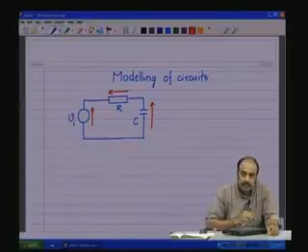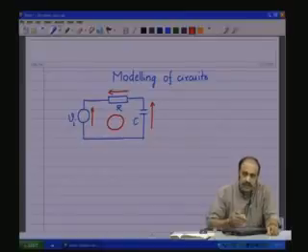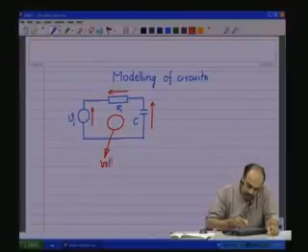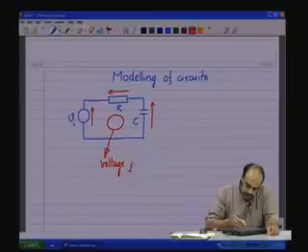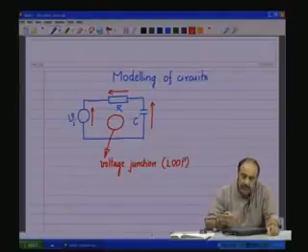So, by Kirchhoff's voltage law, because this is a junction, and what junction is it? This is a voltage junction, or a loop. And what does Kirchhoff's voltage law state?